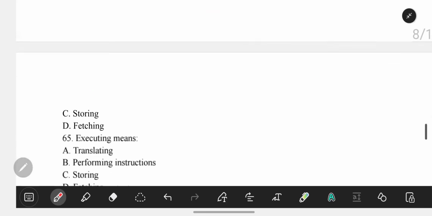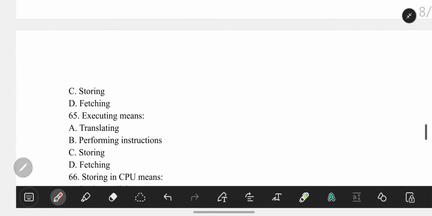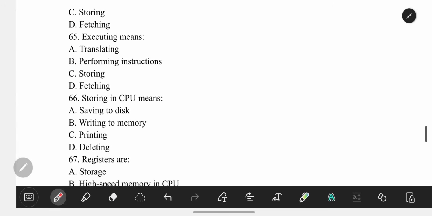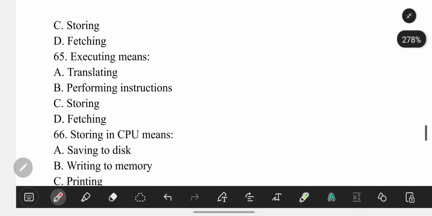When we look at our next one, 65, executing means, for this one, which is very, very simple, executing simply just performing instructions. So you doing something, that is executing.